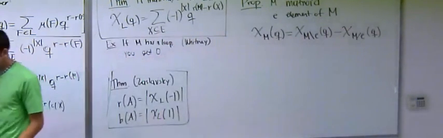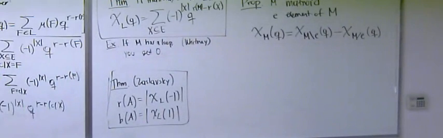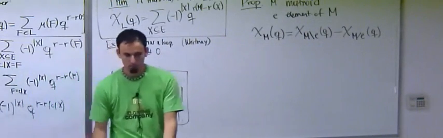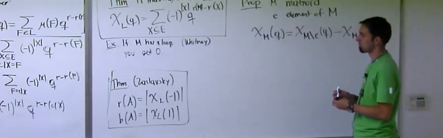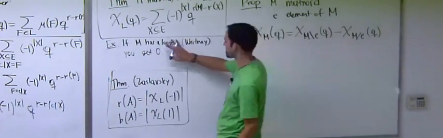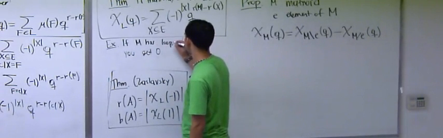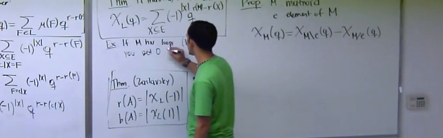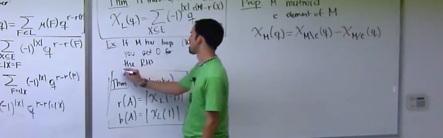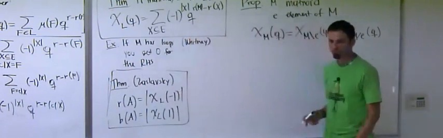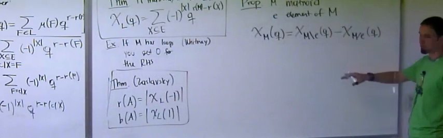Can I ask a quick question about what you just said over here? Mm-hmm. Do you still get 0 if you have 2 loops? Or an even number of loops? Yeah. You get 0 for the right-hand side, if you have any loops. And we're about to see a different proof of this.